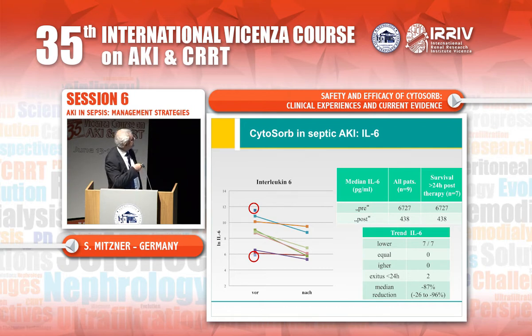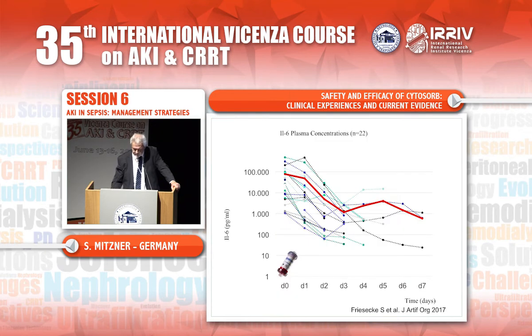And this is a logarithmic scale, as you may see, and of those that survived to 24 hours, there were 7 out of 9. The 2 that did not had a more or less impressive decrease there. And others saw that as well. This is a younger publication of a series of 22 cases, and again, you see on the logarithmic scale that IL-6 nicely came down with this treatment in septic shock.